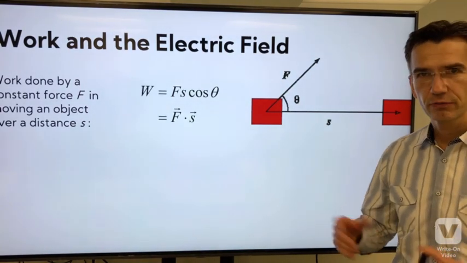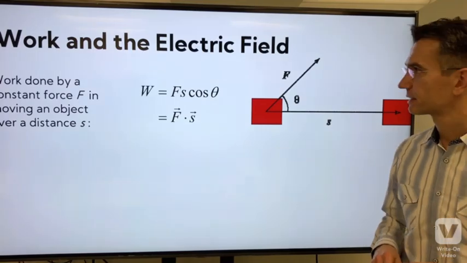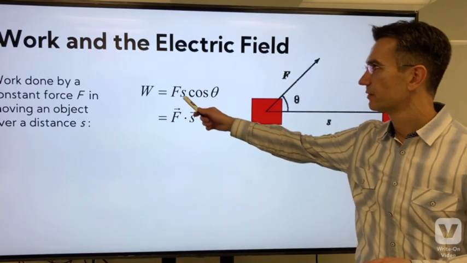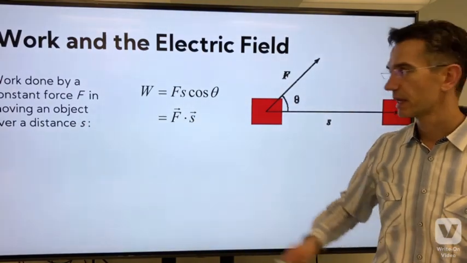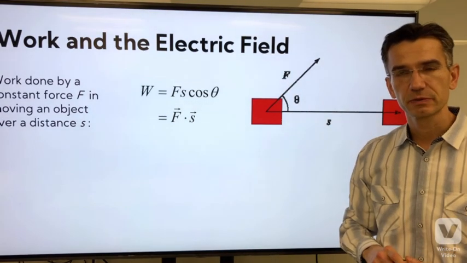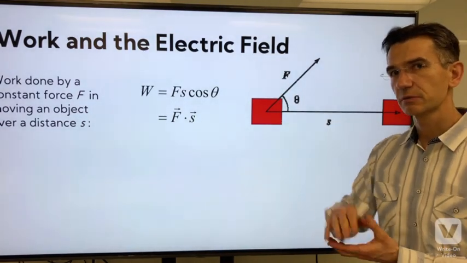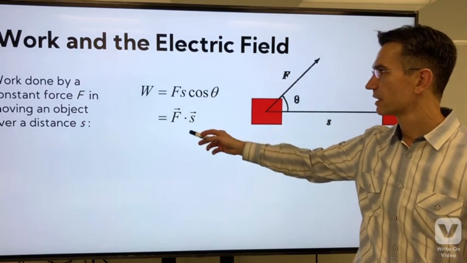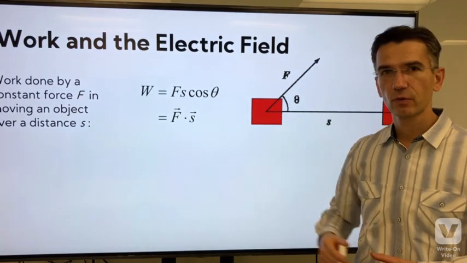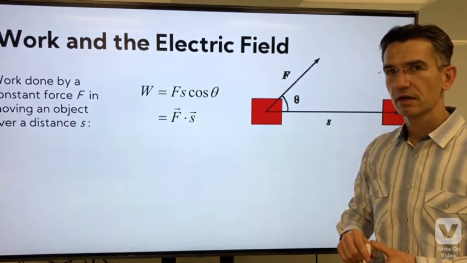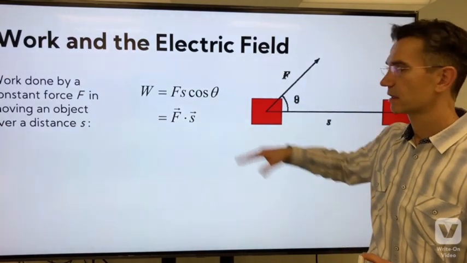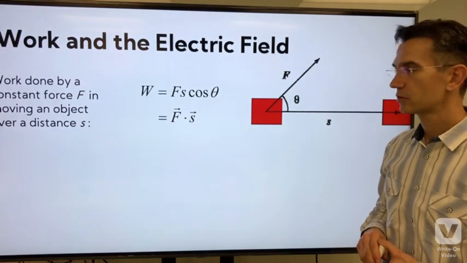So in general, if we have any kind of force, we know that the work done by this force is the force times the distance. Both the force and the displacement are vectors. If they're along the same direction, we can just express this as the magnitudes of force and distance multiplied by the cosine of the angle that these two subtend.